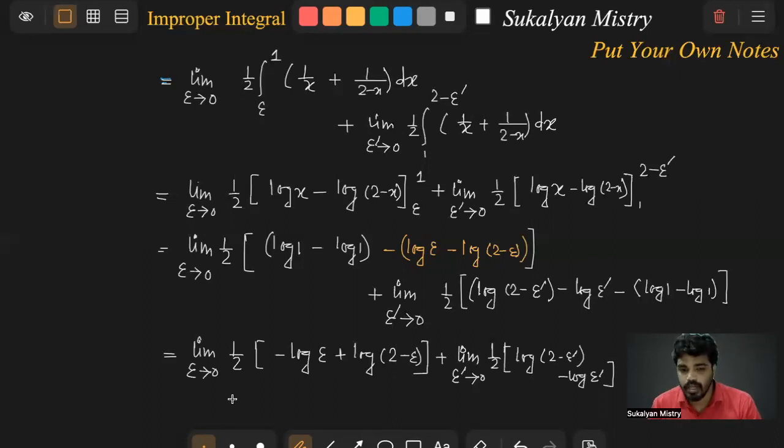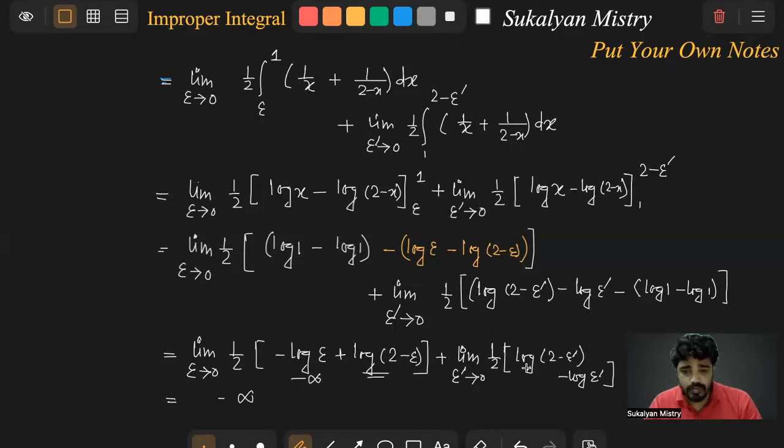What do we get? So this will be infinity. Look, this is minus log 0. Log 0 is infinity, so this is minus infinity. When log epsilon tends to 0, you get plus log 2 from here. So you get log 2. Epsilon tends to 0, this tends to infinity. Ultimately, what is the limiting value?